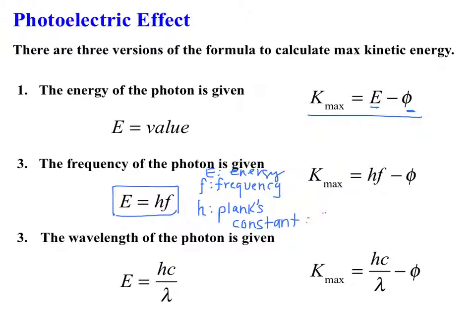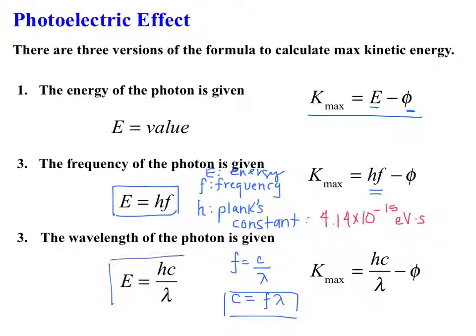So we can replace energy with Planck's constant times frequency, again, still minus the work function. Or we can replace frequency with c over lambda, which comes from the equation c equals frequency times lambda. Again, we've seen this equation before. We're just substituting this in for frequency. And now we can substitute that in for energy.